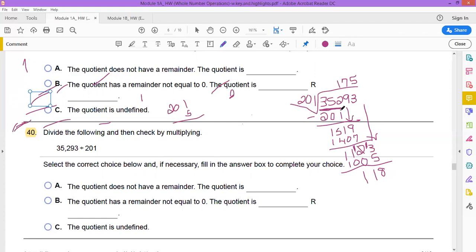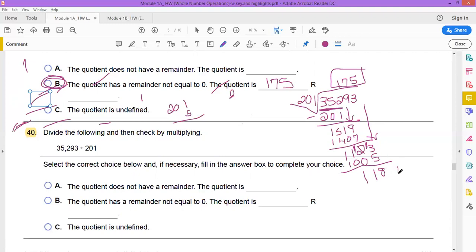And in this particular question, you're asked to find the quotient and the remainder, if there is a remainder. There is a remainder, so we would choose letter B. The quotient has a remainder that's not equal to 0. The quotient is 175. So we'll put 175 as the quotient. And R stands for remainder.